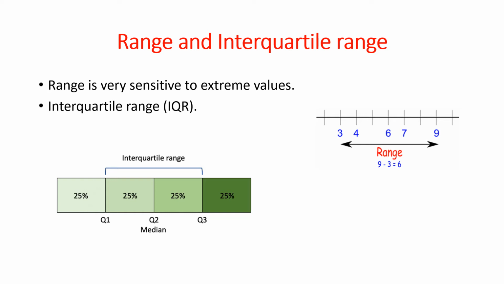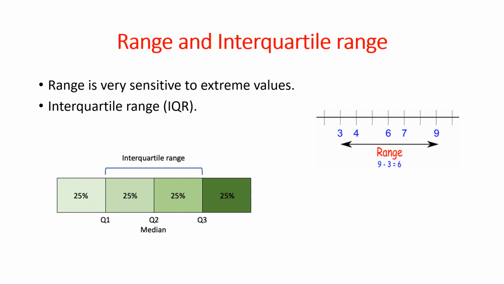So think about the median, and then they start going down and up every 25%, and that's how they come up with four quarters. And then they only focus on the two quartiles in between. In that way, the outliers are not included in the calculation of the range, which makes interquartile range very robust against outliers.